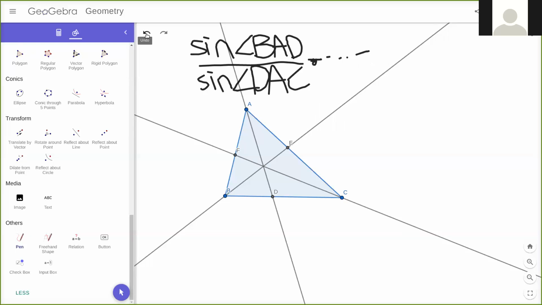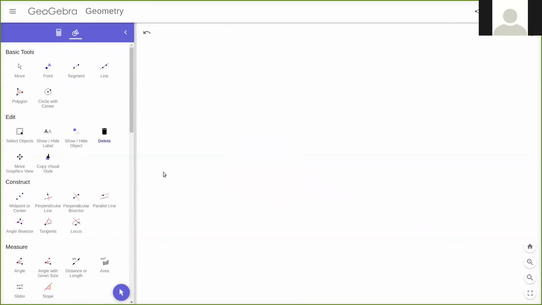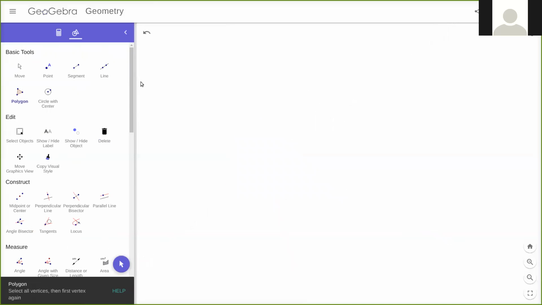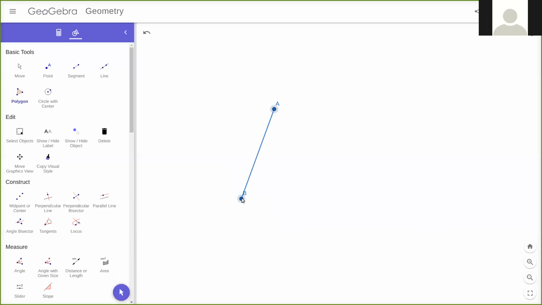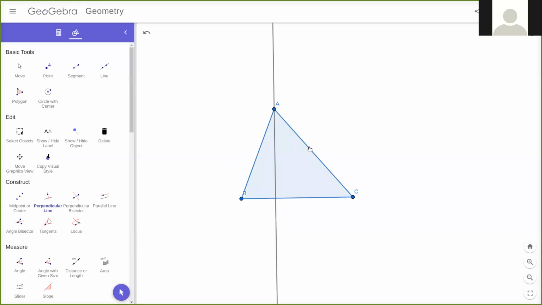Okay, and now we're going to do what we were always meant to do, which is to show that the altitudes are concurrent using the trig form of Ceva's theorem.